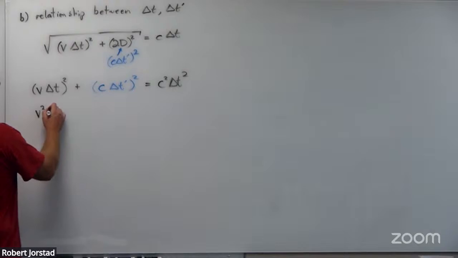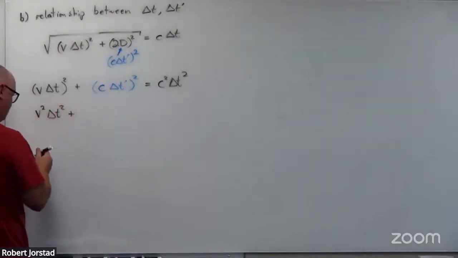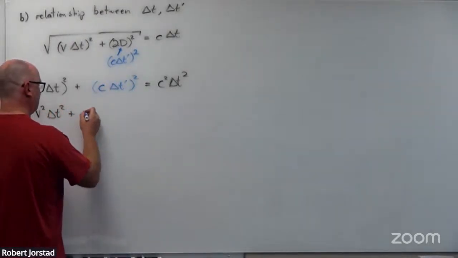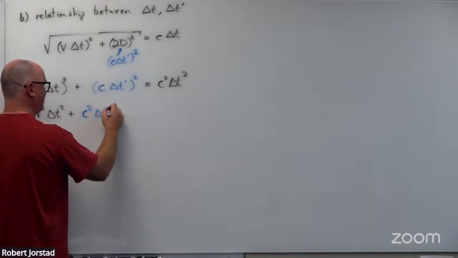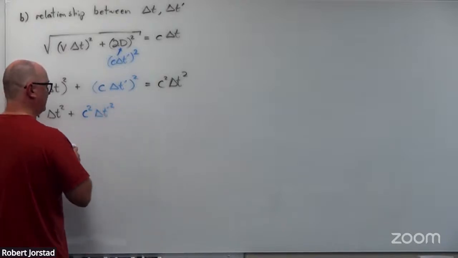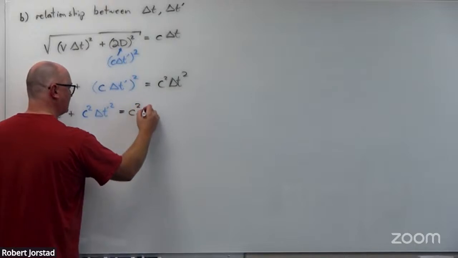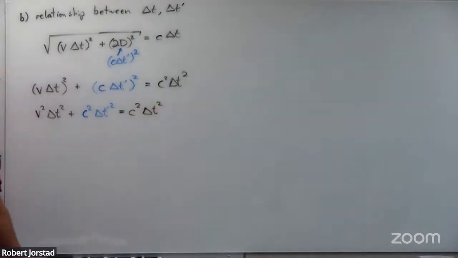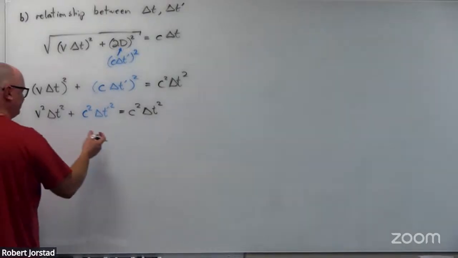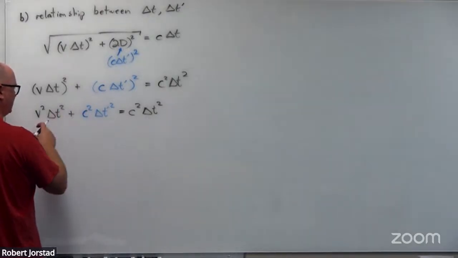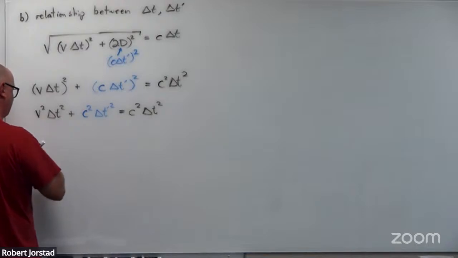V squared delta T squared plus C squared delta T prime squared equals C squared delta T squared. All right, group the T's here, so how about we move this one over there.